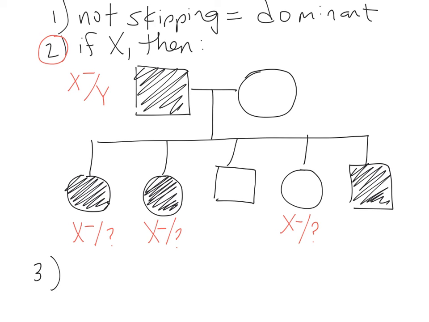So, 3. New assumption, or new hypothesis. We've tested X dominant, but that didn't hold up. We've got a dad that doesn't pass the trait to a daughter. So we've ruled out one of the 4 possible inheritance patterns. 3 left to go.